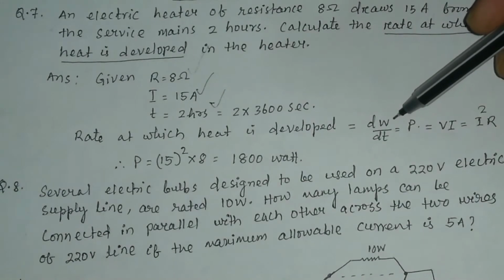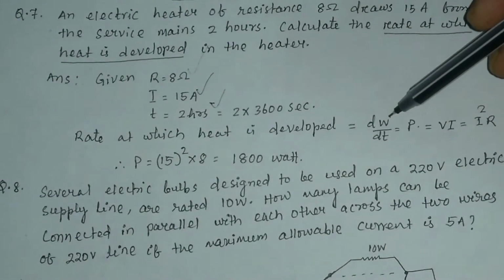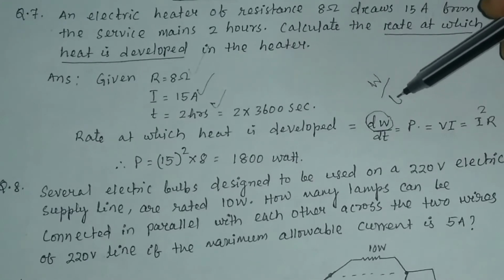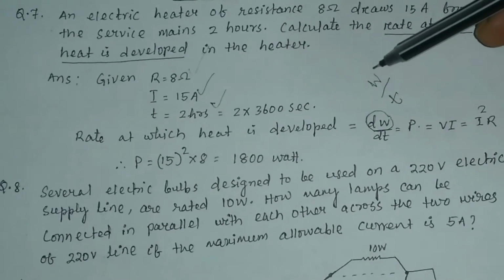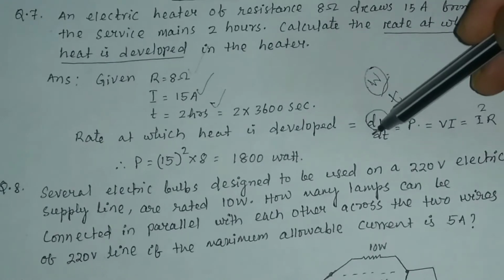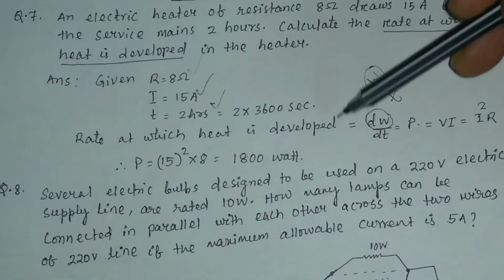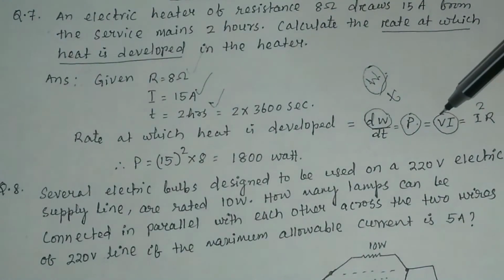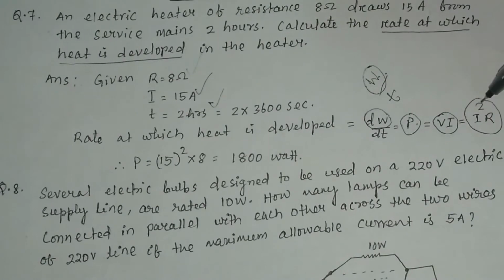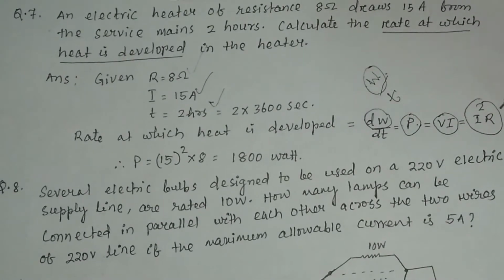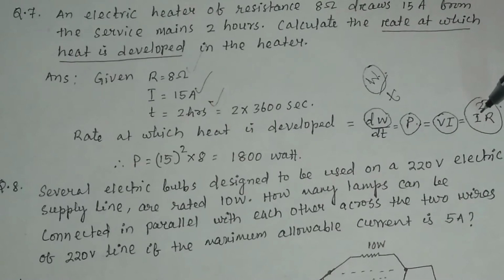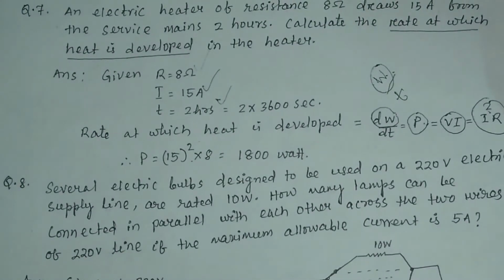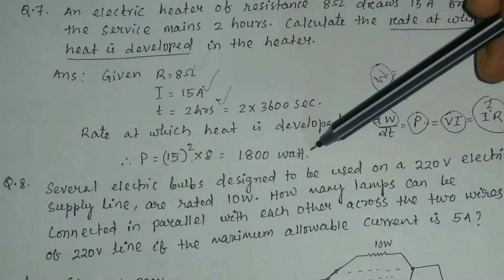Rate at which heat is developed means amount of work done. You write W by T, amount of work done divided by time, because this amount of work done is equal to the heat produced. That is why you write W by T, which is equal to power, that is equal to V into I, that is equal to I square into R. So you substitute the value of I equal to 15, so 15 square into resistance 8, it is equal to 1800 watt.